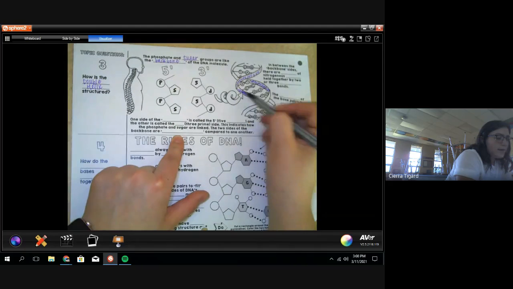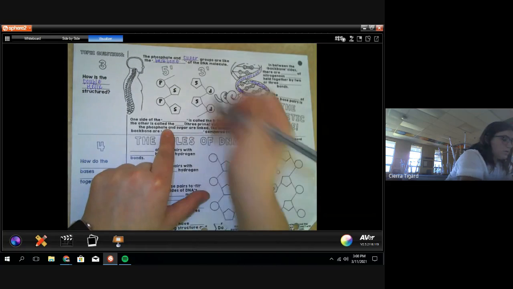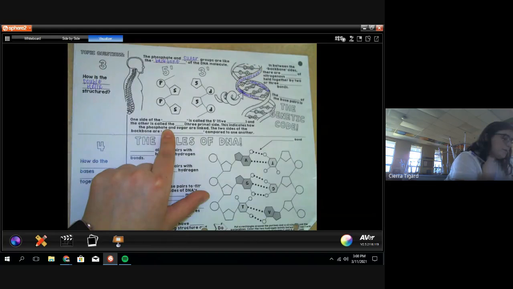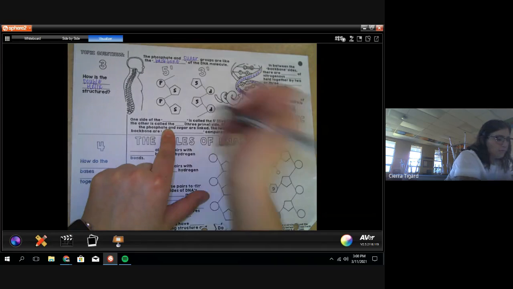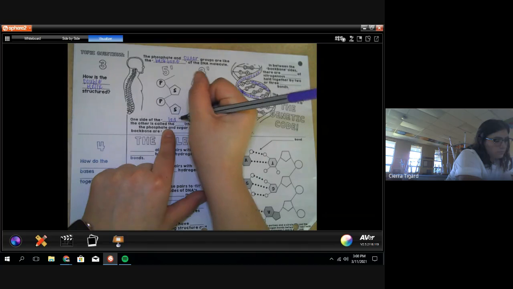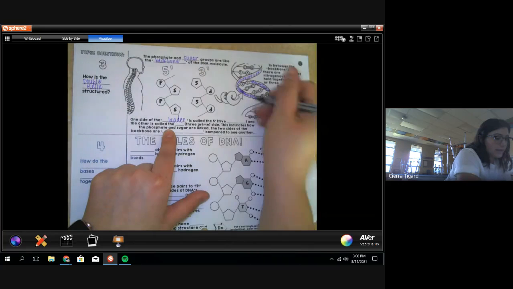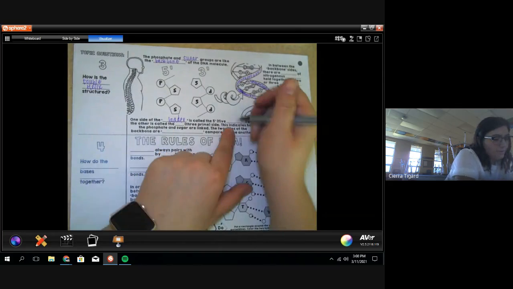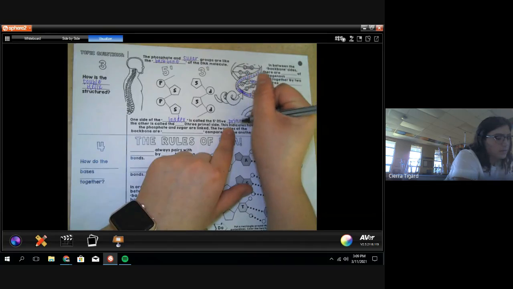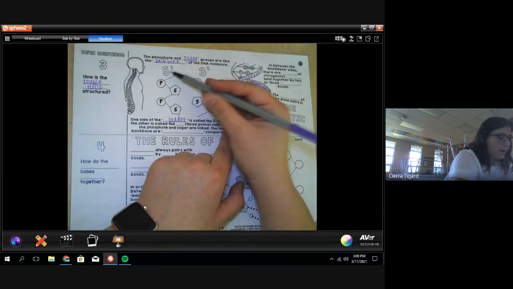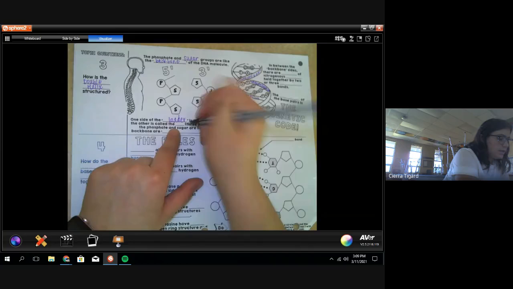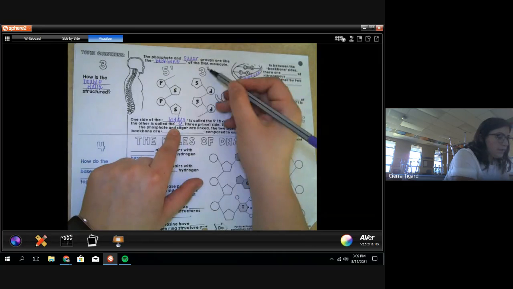And so one side, let's just say the left side, of the ladder, yes, our ladder, which is this guy, is called the 5 prime. So let's say that the left side is called the 5 prime. See, 5 prime. And the other is called the 3 prime here.